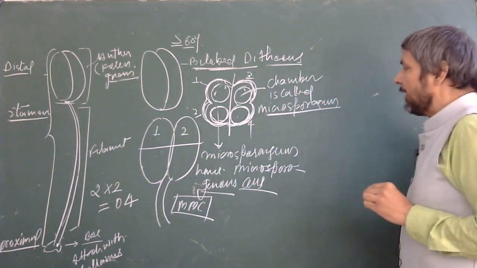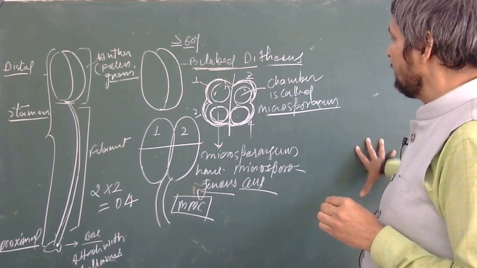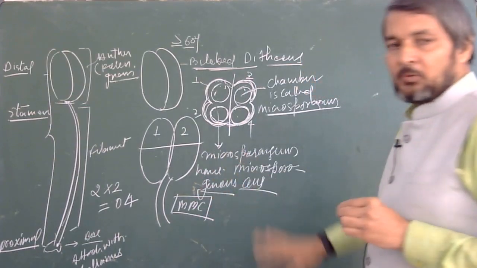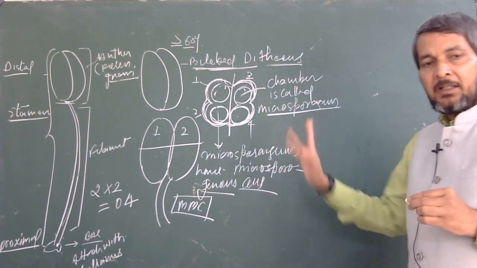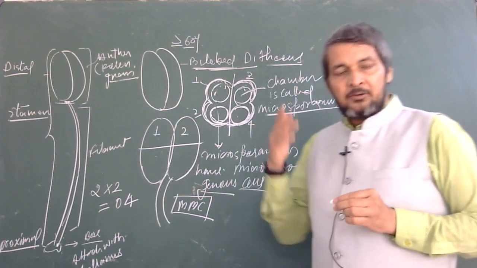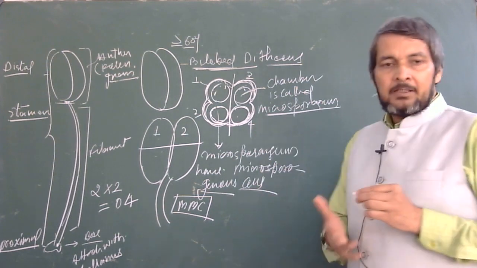Every microsporangium, that is a total of 4 microsporangia, consists of microspore mother cells, and these microspore mother cells later divide meiotically and differentiate into the pollen grains.